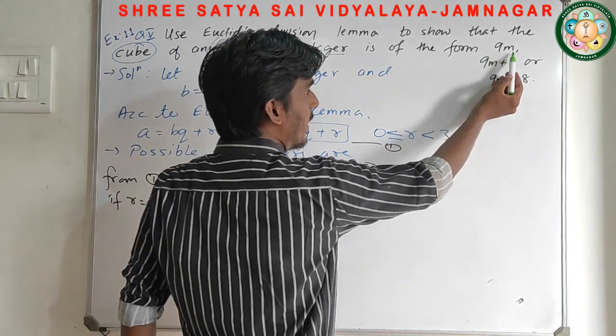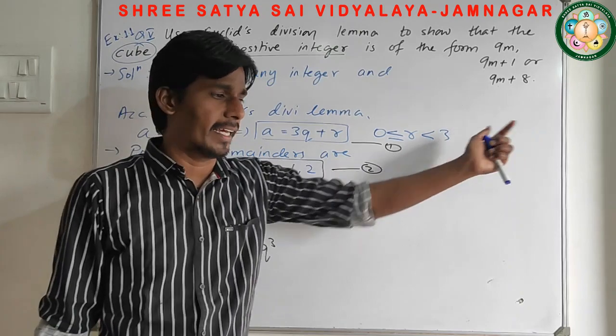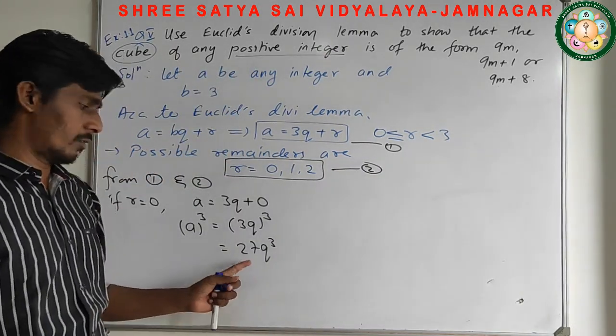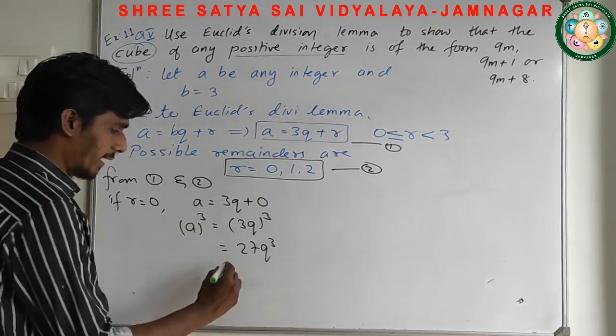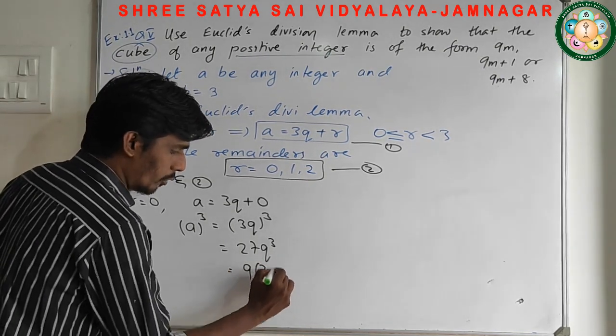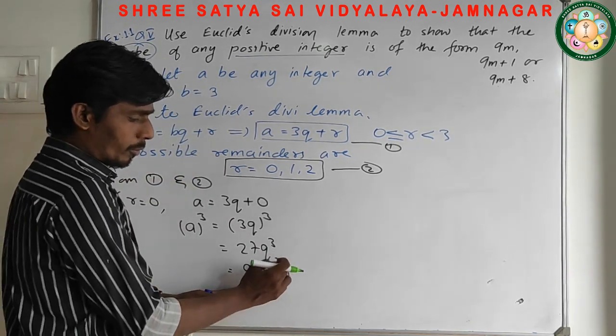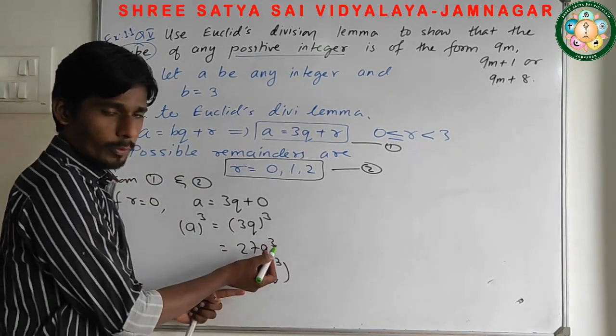Now let's see what you have to prove. I want to prove 9m, 9m plus 1, 9m plus 8. तो जो prove करना है उस पर थोड़ा ध्यान देना है. So I'm going to split this 27 as a multiple of 9. So I'm going to take 9 into what? 3Q cube. So 9 into 3Q cube, I'll get 27Q cube.